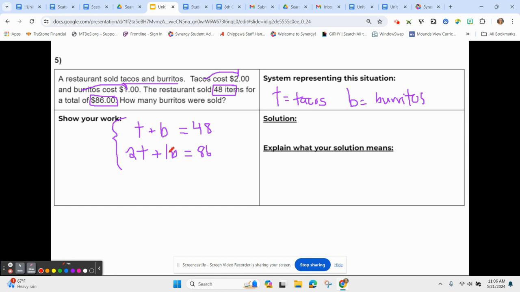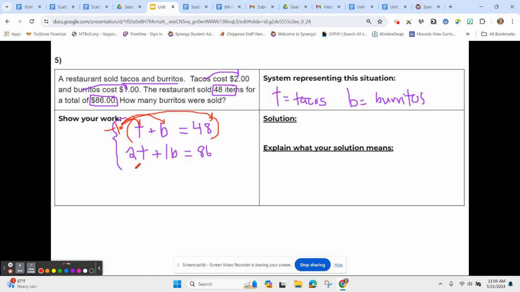And so to do that, I'm going to have to force multiplication. So I'm going to take everything in this top row and I'm going to multiply it by a -1 because I want this burrito to be a -1 so that it cancels out with a +1 below. So equal share, equal share, equal share. Every term is multiplied by -1.